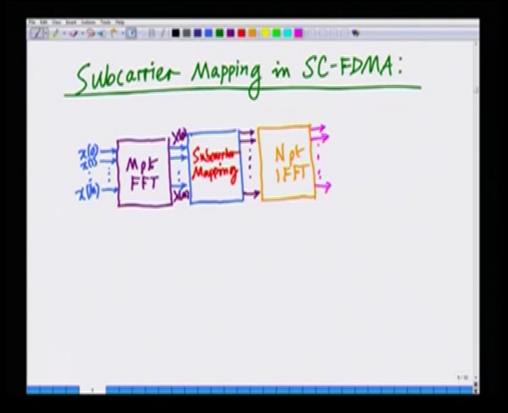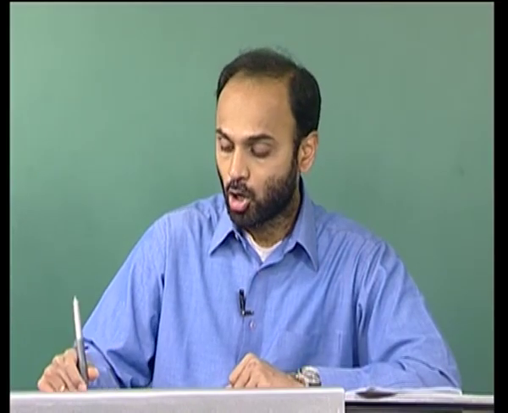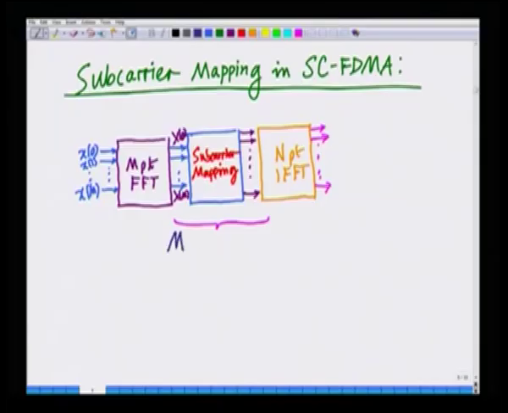So, the essential idea is, how are we mapping from these M to N subcarriers?